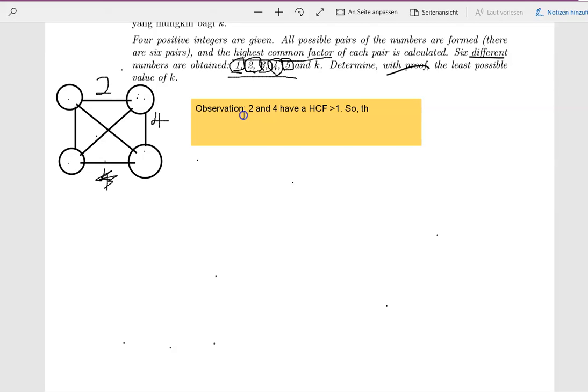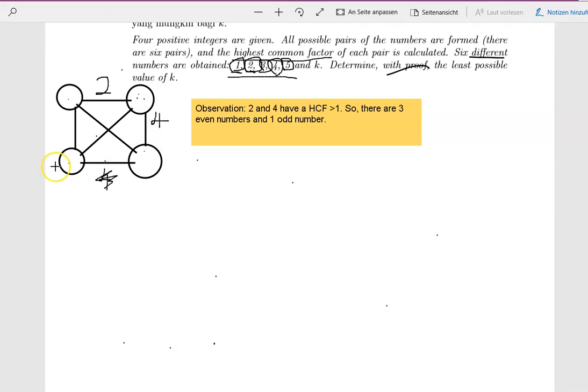So there are 3 even numbers and 1 odd number. This is the most important thing to do.